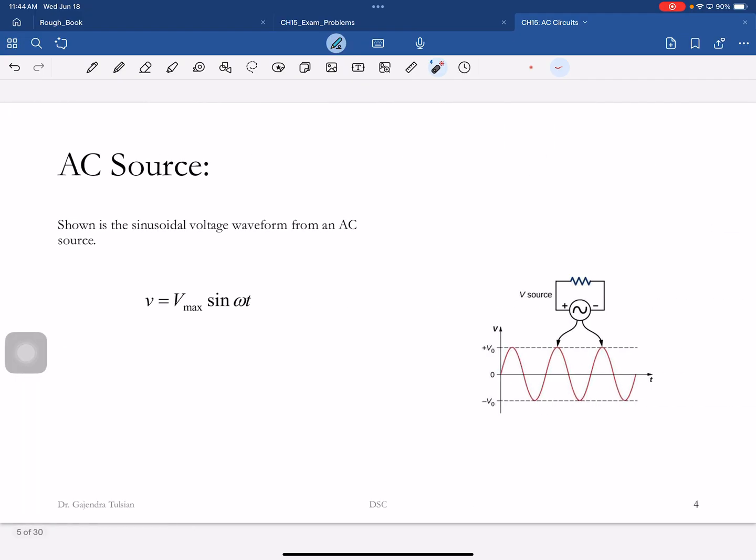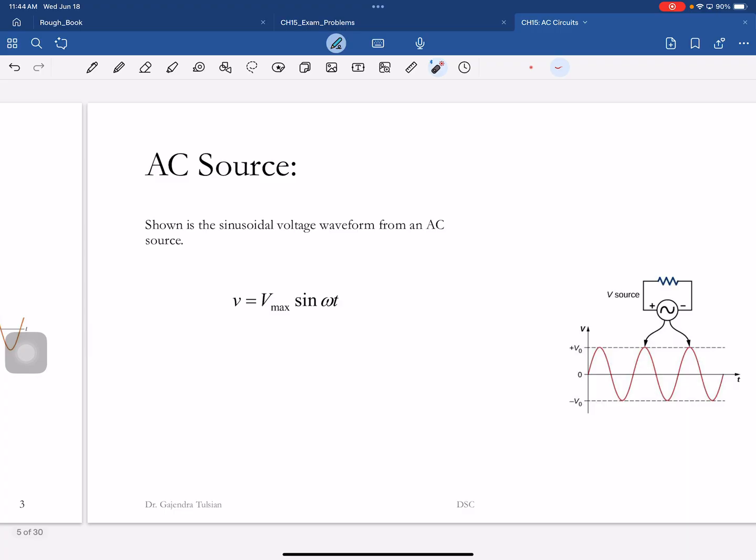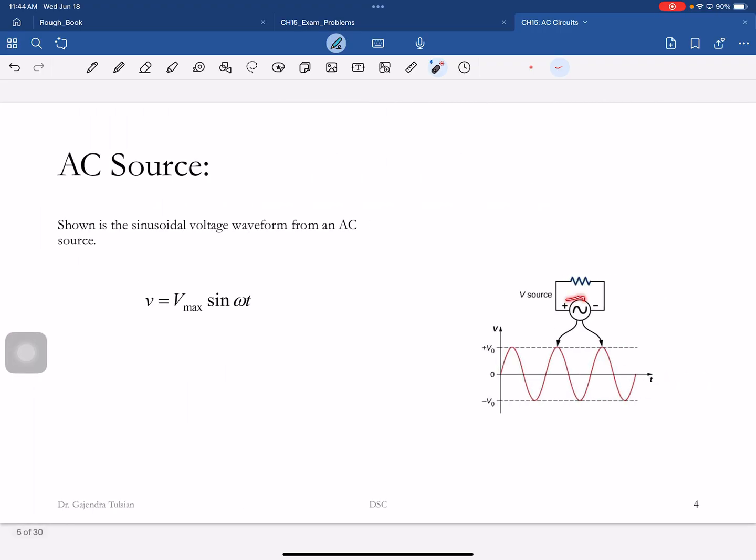All right, so here is the electrical symbol for an AC source, and here is the amplitude. And what do you get out of the wall socket? The angular frequency omega is 2 pi f, and f is 60 hertz is what you get out of the socket.